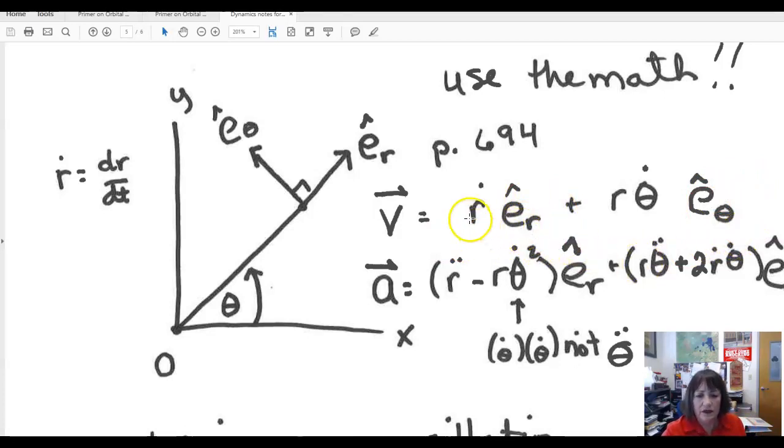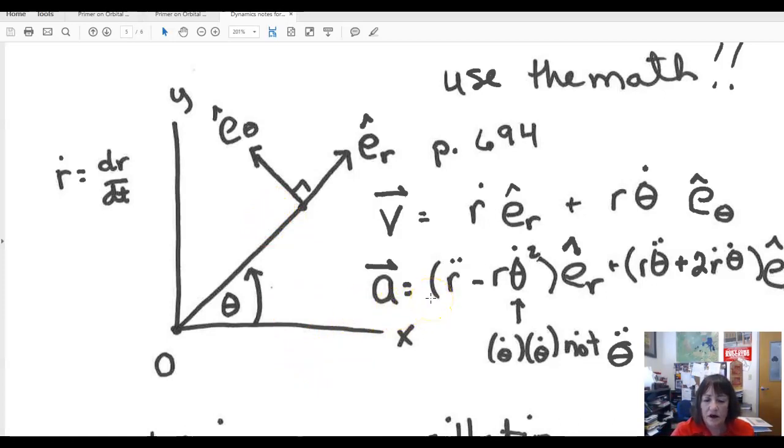The component in the radial direction is just r dot, which you remember is the first derivative of r, which is that position or length or distance from O, from the origin, taking that derivative with respect to time. And then the theta component is r, not r dot, but just r, times theta dot, or the rate of change of this angle with respect to time.